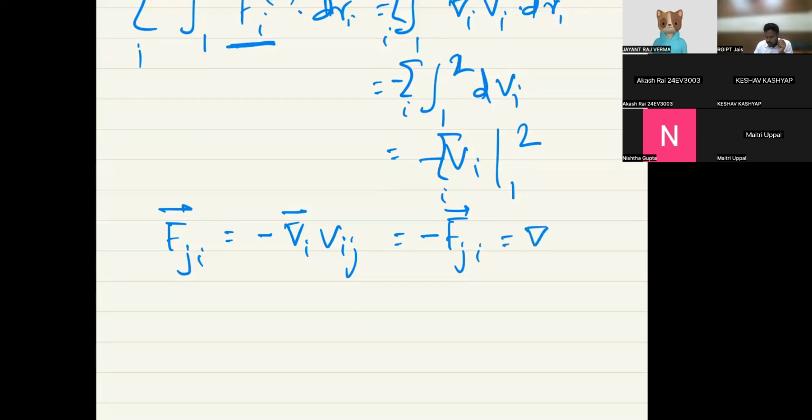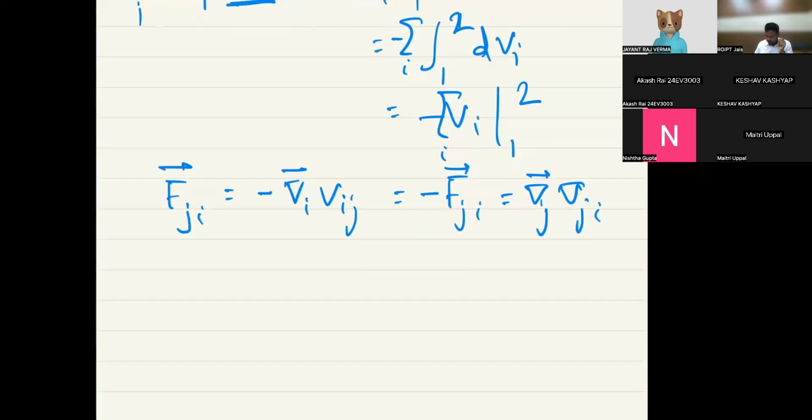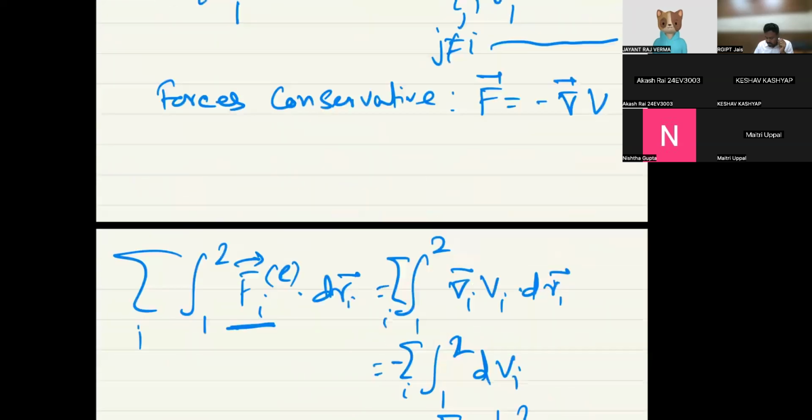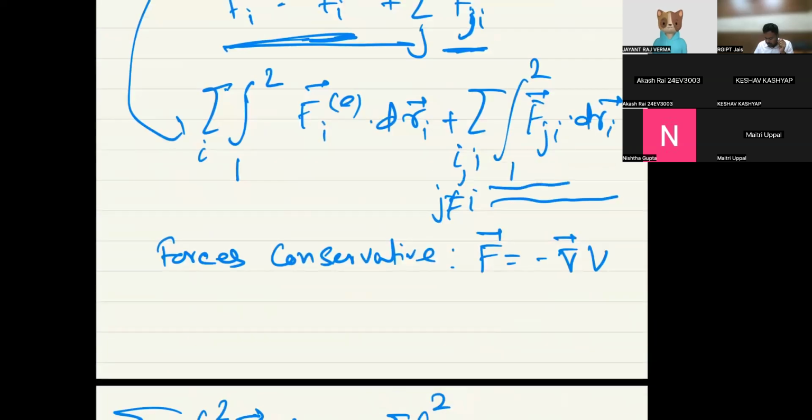So you can also write the gradient of j of V_ji. If you replace F_ji by this gradient of V_ij, then you can work out the second term as well.